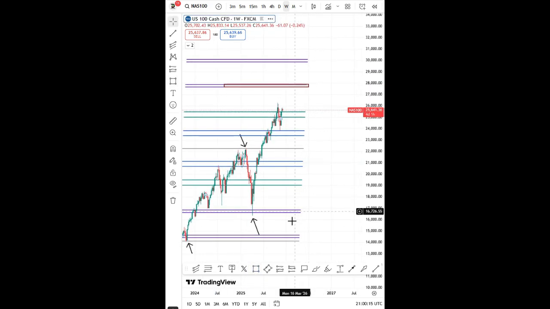The potential target for this bullish movement is the price level of 27,789.